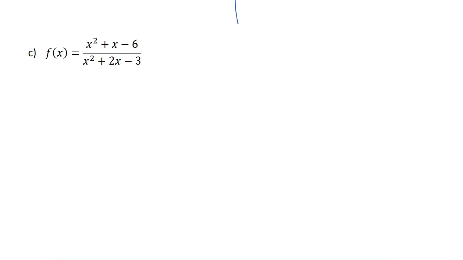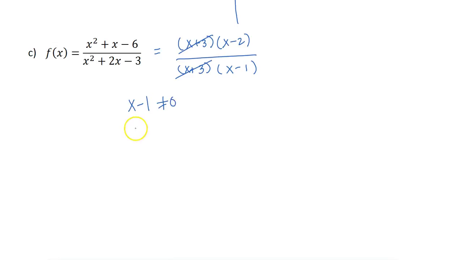If you wanted to go through this with factoring, you would factor the top, and that would give you x plus 3 times x minus 2. And if you factor the bottom, that would give you x plus 3 times x minus 1. So you can see that that cancels. That's a removable discontinuity. So x minus 1 cannot be 0, so x cannot be 1. Or if you wanted to set the denominator equal to 0, you would get x equals 1.